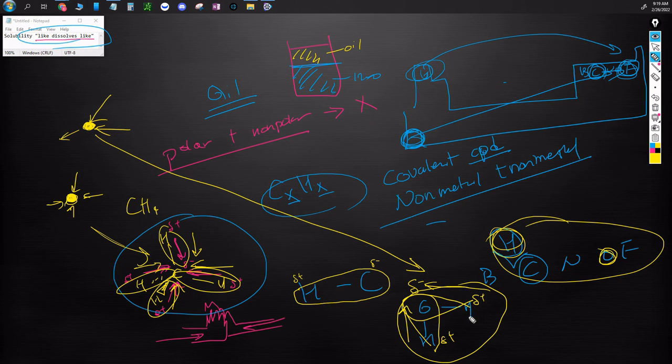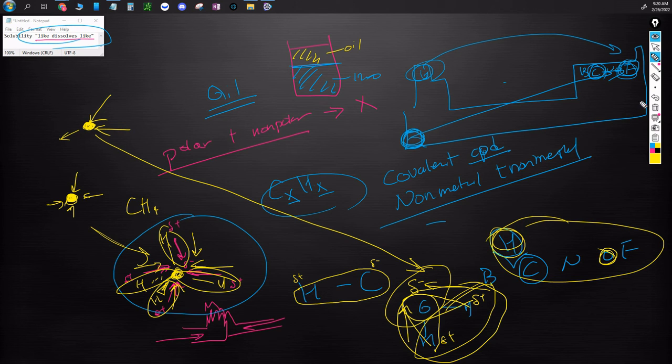Even though oxygen and hydrogen form a covalent compound, between nonmetal and nonmetal, the electronegativity difference is pretty great. That creates polarity, and the shape of it makes one side polar and the other side also polar, positive and negative. That creates a permanent magnet. Compared to this one, which also has polar bonds but pointing in opposite directions, canceling out all the polarities, creating a nonpolar molecule. Okay, that's the key.